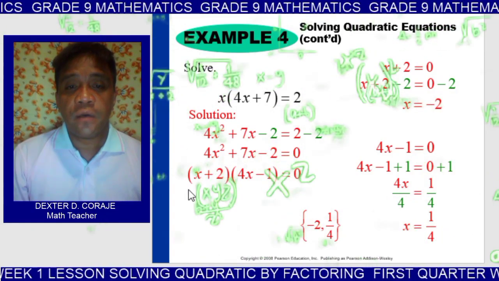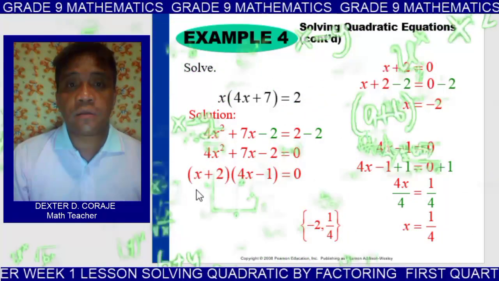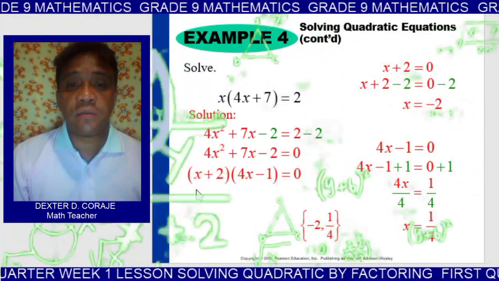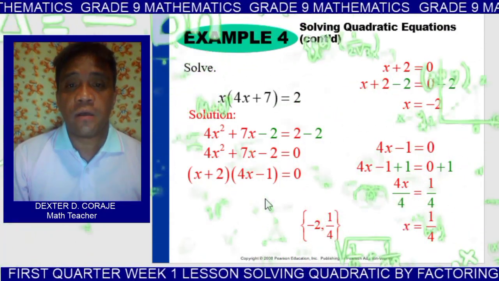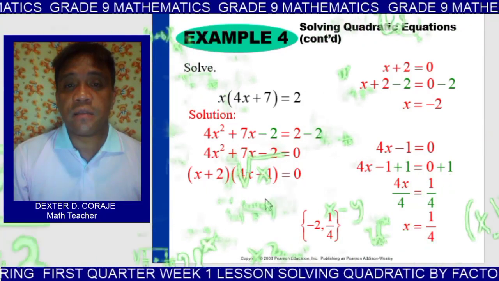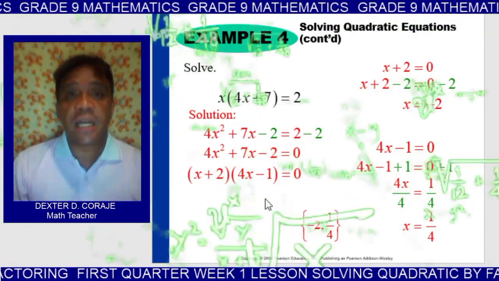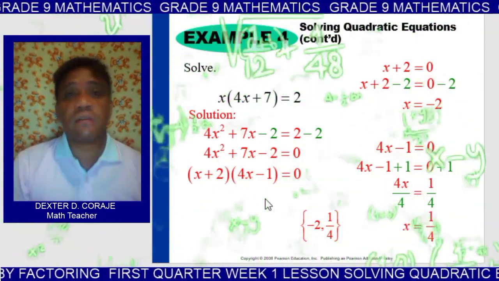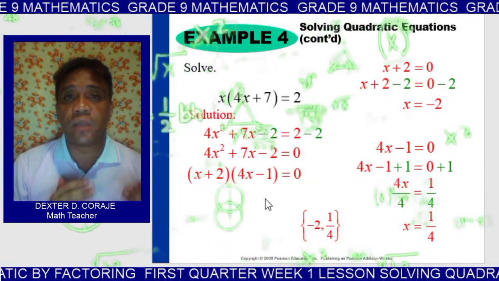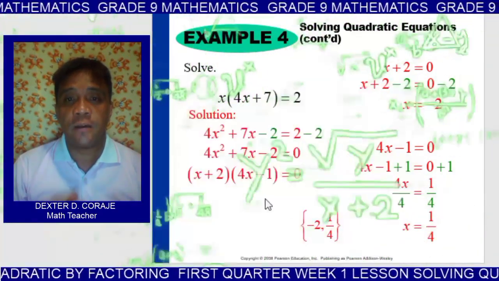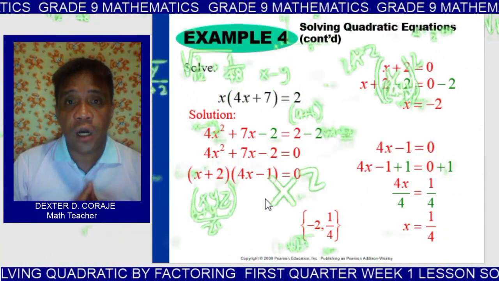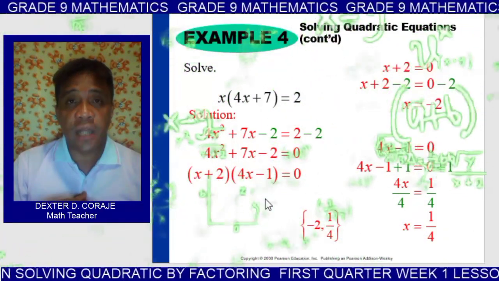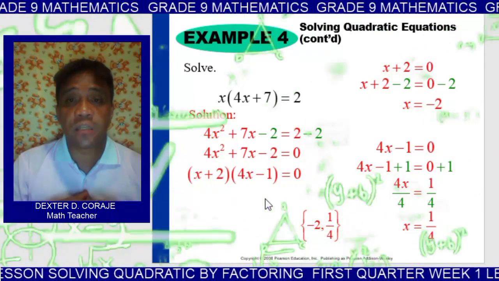So we have now the quantity x plus 2 times the quantity of 4x minus 1 is equal to 0. Okay, I will make another video lesson on how to factor different quadratic expressions, for you to enhance or to recall how to factor quadratic expressions.